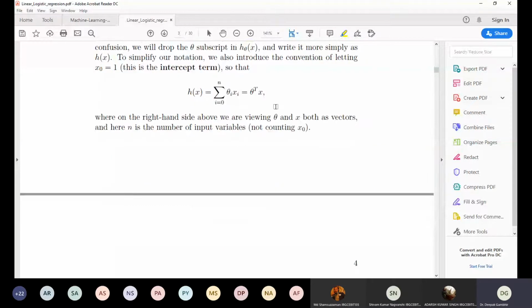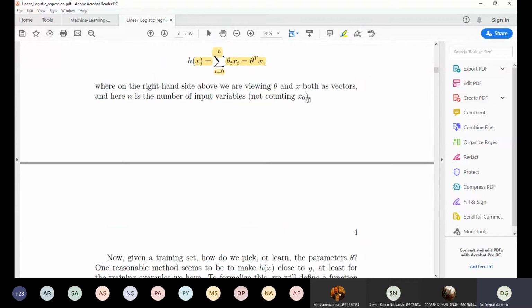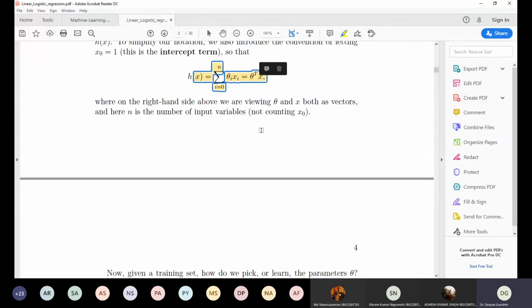We have extended this for n features, that is, the summation from i equals 0 to n of theta i xi, and in vector form it can be written as theta transpose x.